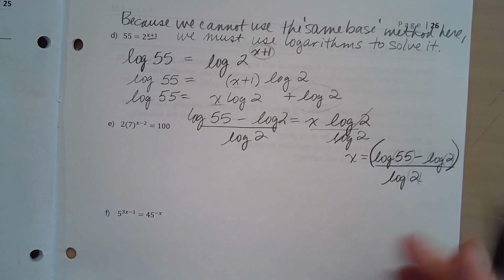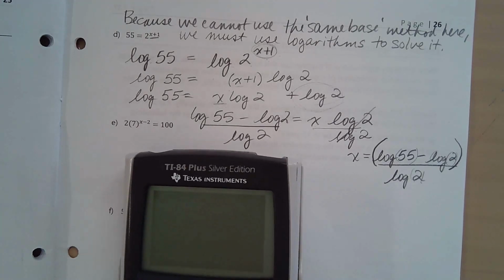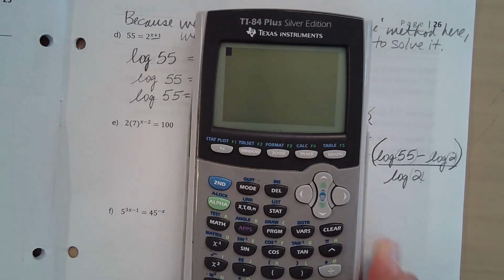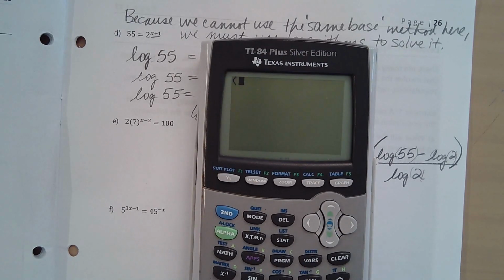The easiest thing is probably to put these in brackets. So it's going to look like: bracket log 55, close my bracket, minus log 2, close 2 brackets, divided by log 2.